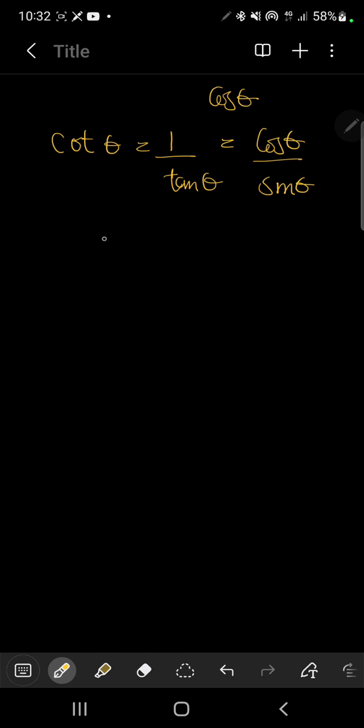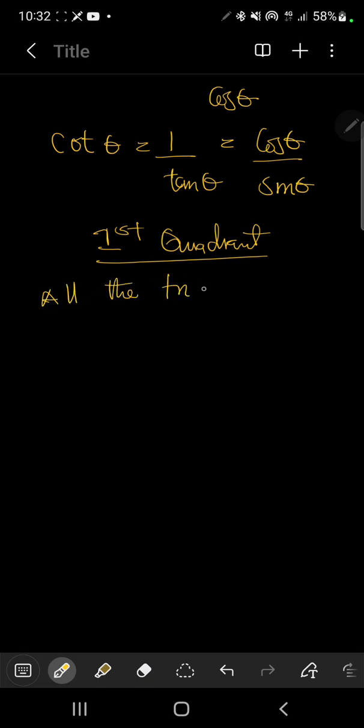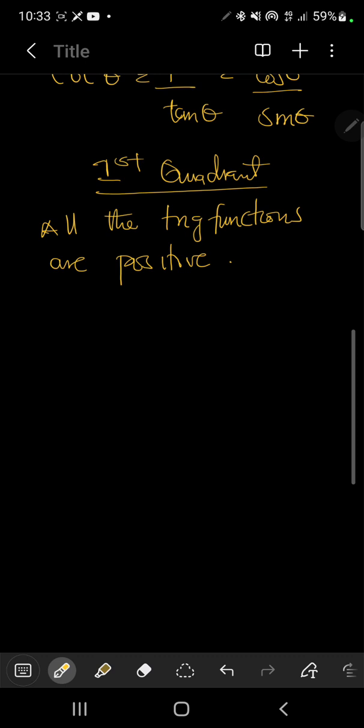We start with the first quadrant. In the first quadrant, all the trig functions are positive. When we say all the trig functions, we are simply talking about everything, including their reciprocals, are positive in the first quadrant.